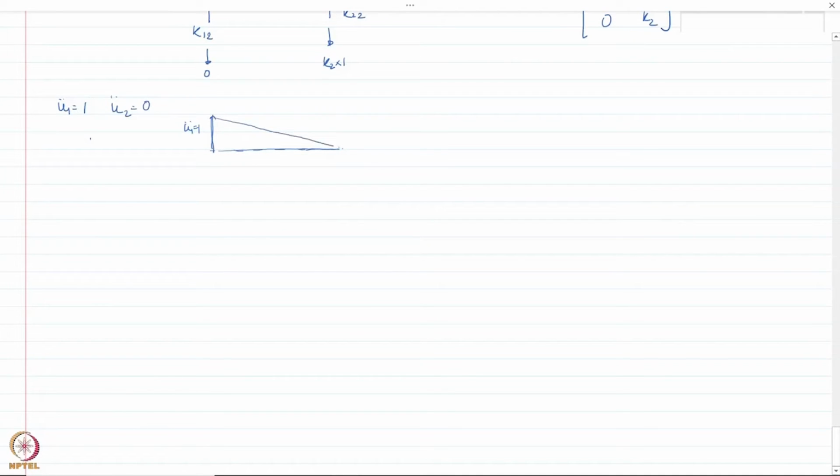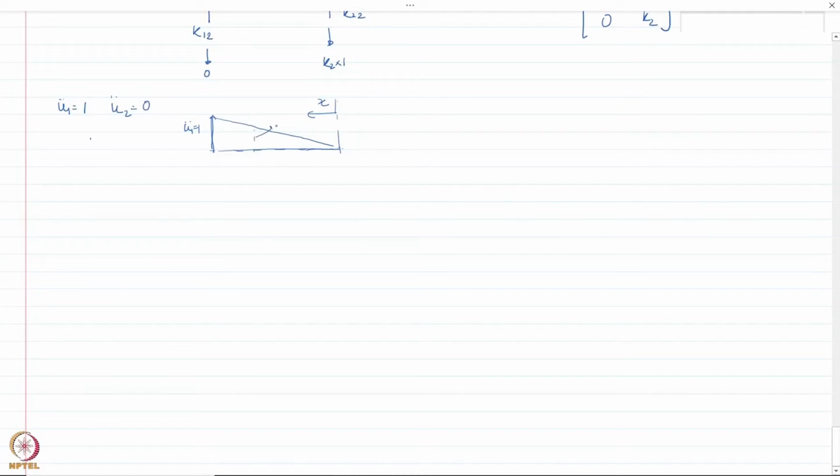Now, because the mass is distributed, for the inertial force on this bar, if you consider x to represent the position from the rightmost end, then at any point the acceleration is x by L times u1 double dot, which is 1.